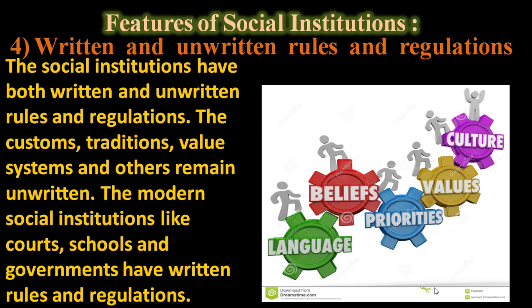And the next one, the fourth feature of a social institution, is written and unwritten rules and regulations. Some of the rules and regulations are written and some are unwritten. Social institutions have both.